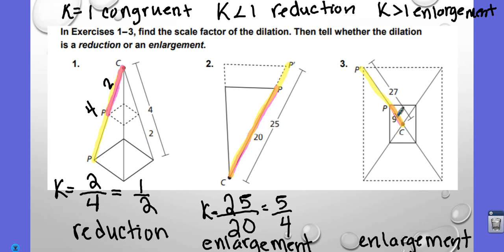Well, the line that we started with was 9, and the line that we enlarged with was 27. So since my k has to be greater than 1, we're going to say 27 divided by 9, and that is equal to 3. So the k there is 3. Scale factor is represented by the letter k. And here are those rules you need to make sure you memorize.